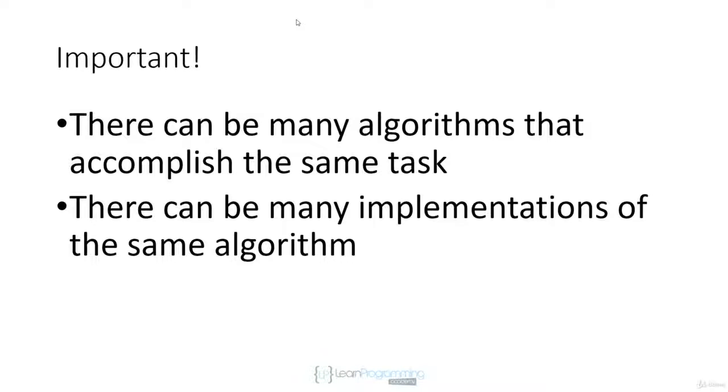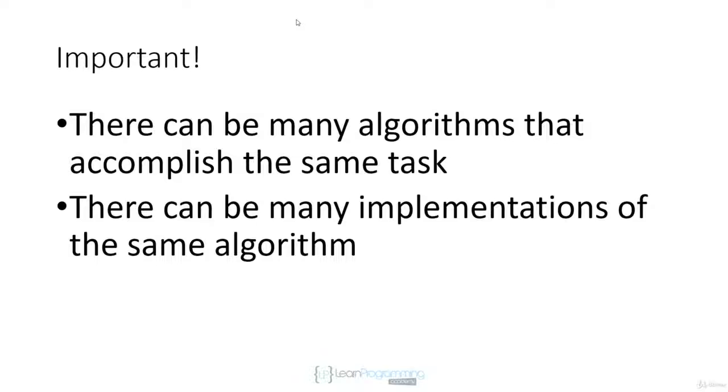So just to drill that home, there can be many algorithms that accomplish the same task. If you look at the sort algorithms section, you'll see that there's at least 8. There may be more. We cover the popular ones. And also, there can be many implementations of the same algorithm. So I'll show you one implementation, but you may see other implementations for the same algorithms.